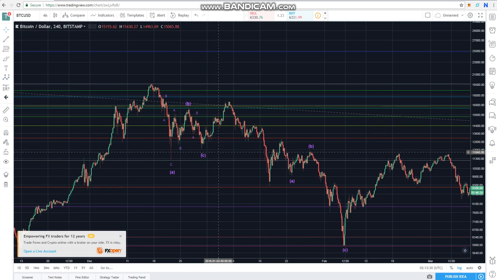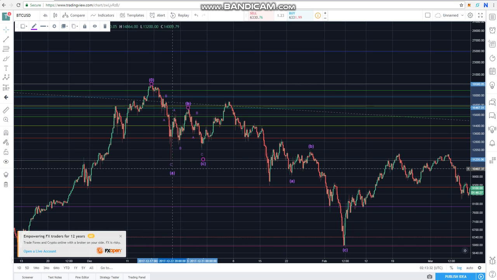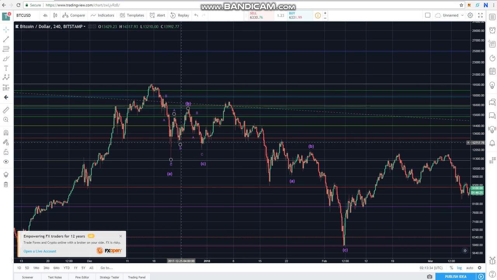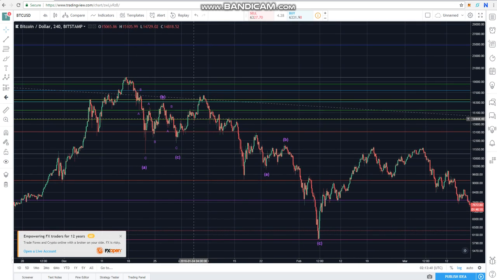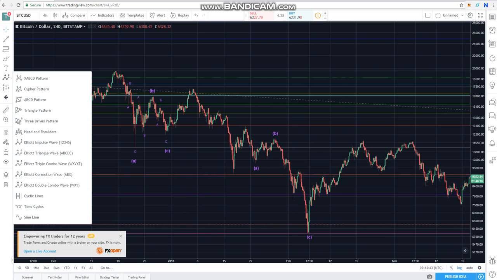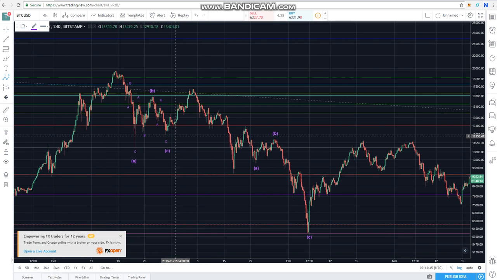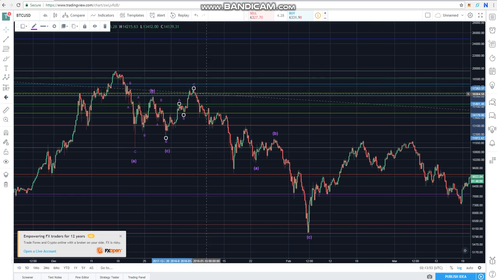So this ABC correction consists of three ABCs within its primary wave, and then this would be a 1, 2, 3, 4, 5. It might be a 1, 2, 3, 4, 5. It might be an ABC. I'll just simplify it and say ABC.